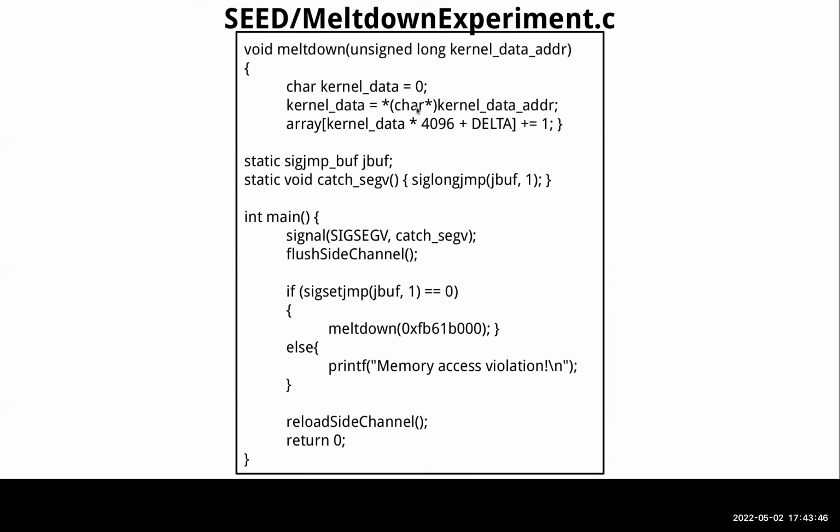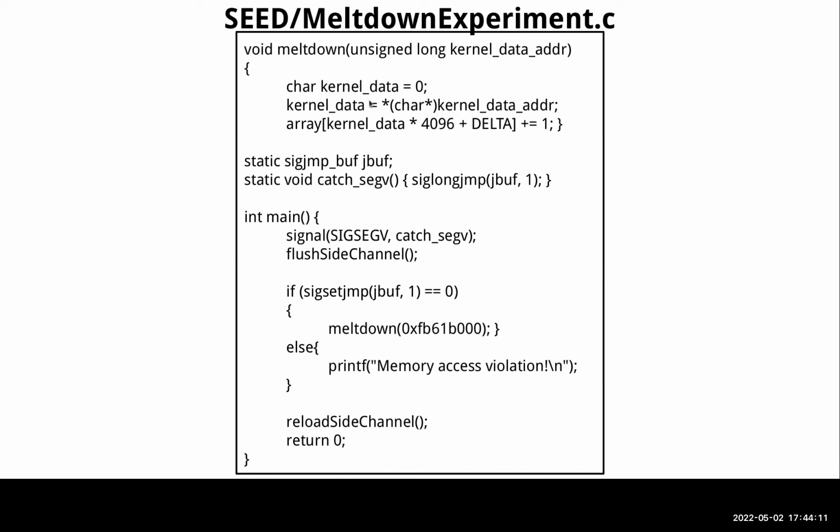But the problem here is you're doing two things. One is you're moving the kernel data from the kernel memory to this local variable. The local variable is in your user program memory, on your stack.